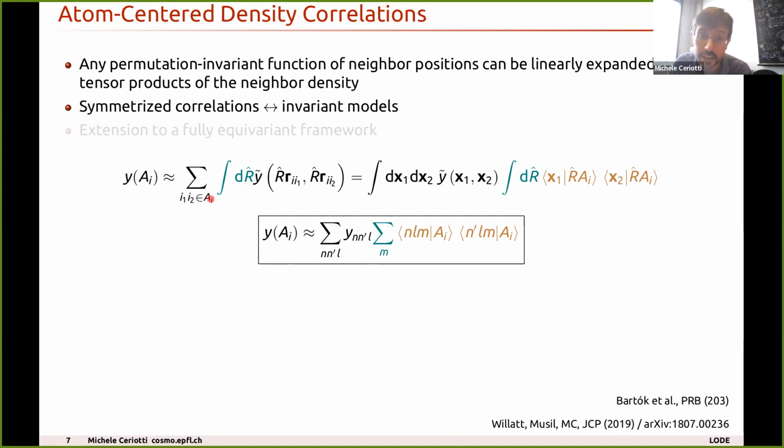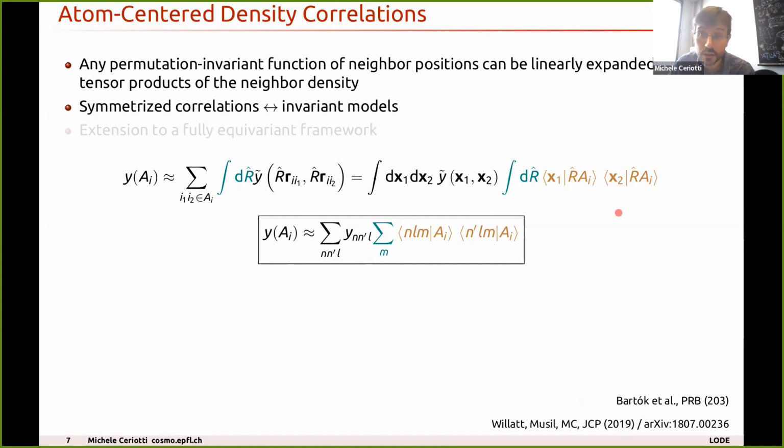So basically, again, there is a sort of duality between an expression for this property as a symmetrization of a generic function of the coordinates of two neighbors, or we can equivalently describe this as a symmetrized density correlation that we can then expand into any basis.